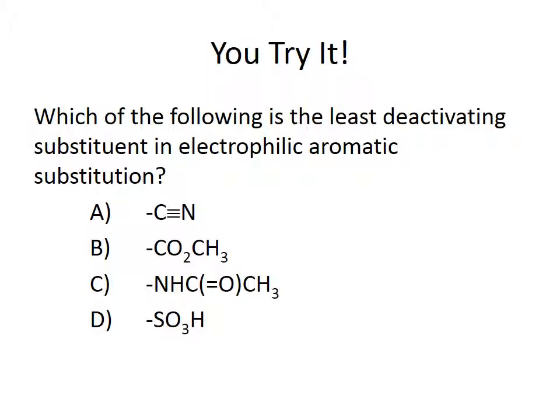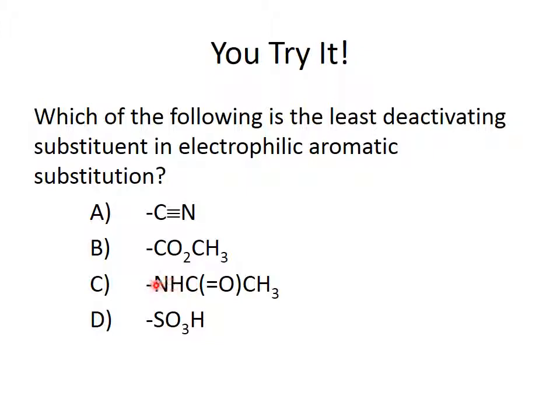Which of the following is the least deactivating substituent in electrophilic aromatic substitution? Well, this is a heavy deactivator because it's got a double bond to a nitrogen adjacent to the ring. This would have a double bond to an oxygen adjacent to the ring. This has a nitrogen adjacent to the ring, and the double bond to the oxygen is 1 carbon away.